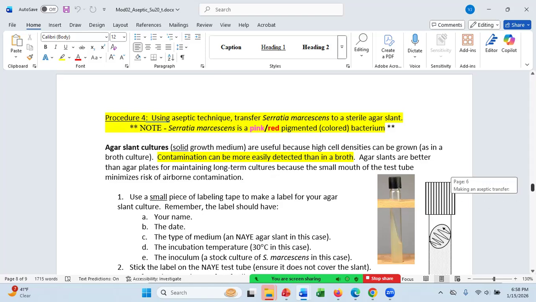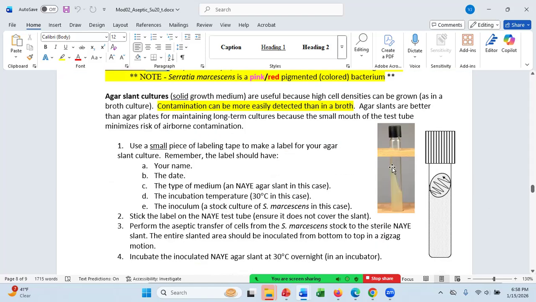What you want to do is inoculate the slant, shown here, in an S-like movement. So you're inoculating this region of the slant there. And if you have growth only on the slant and it is only pigmented red on this region of the slant, then you know it is what you inoculated.